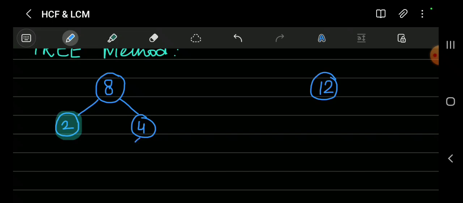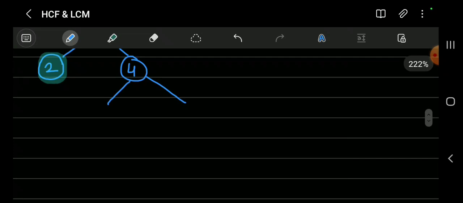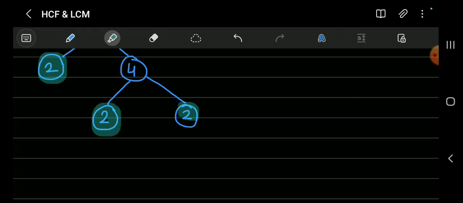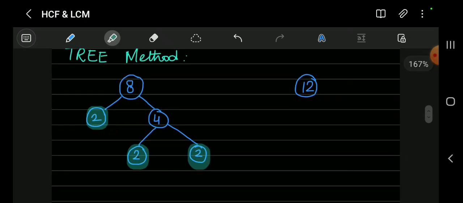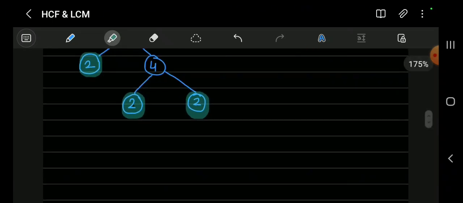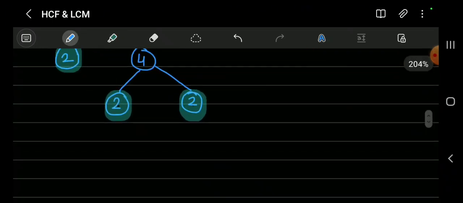Now 4 is not a prime factor, so we will factorize it further. Which two numbers multiply to give 4? Yes, 2 times 2. So this is the way we are getting the prime numbers. We got all three prime numbers, so our prime factorization by the tree method is completed.